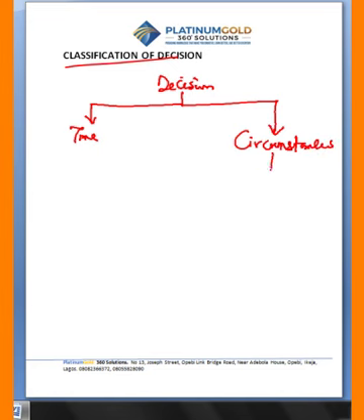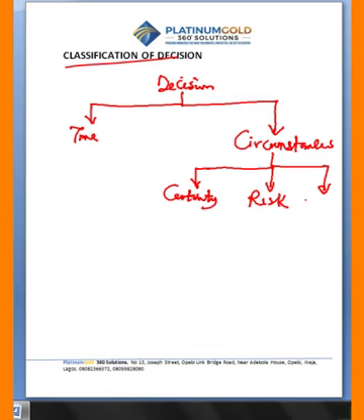When we talk about circumstance, you can make decisions under 3 environments or circumstances. You can make decisions where the outcome is certain, the certainty factor. You can make decisions under level of risk, and you can take decisions under level of uncertainty.